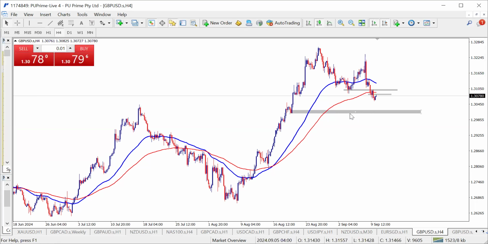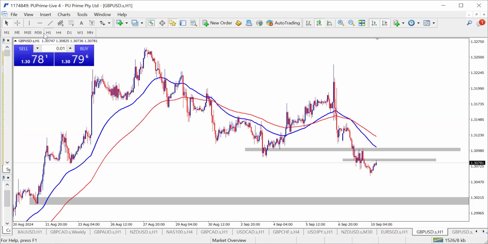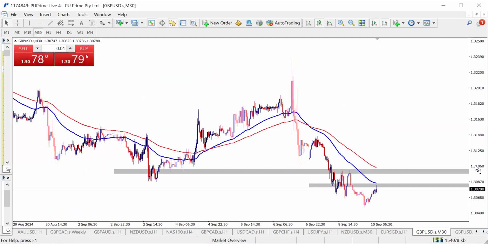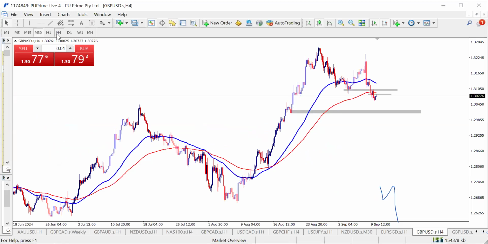Coming down to the 1 hour, let's see what is happening on the 1 hour. Okay, the 1 hour is bullish. So what am I going to wait for? I'm going to wait for the 1 hour to become bearish in order for me to pick a sell on this trade. That is what I'll be waiting for.